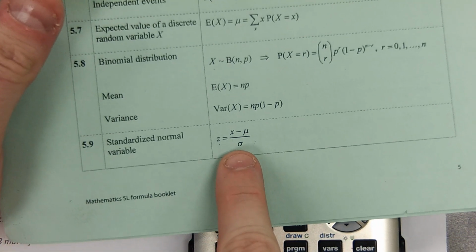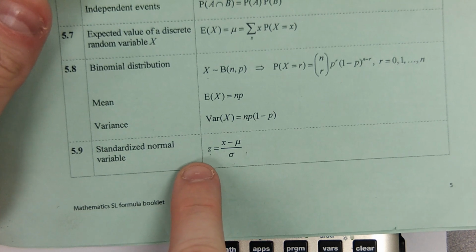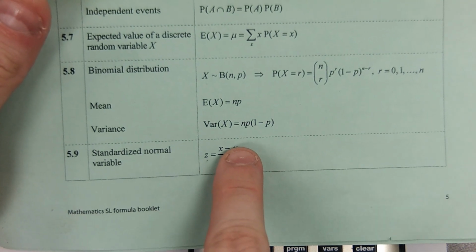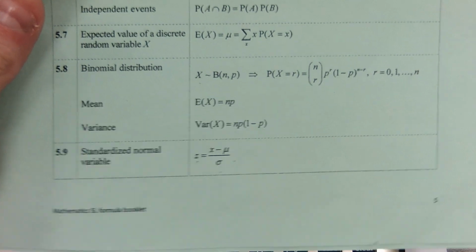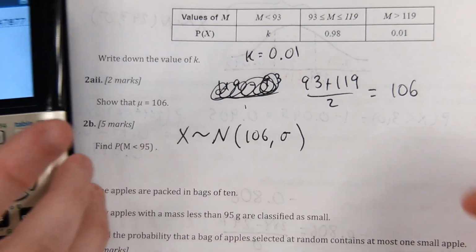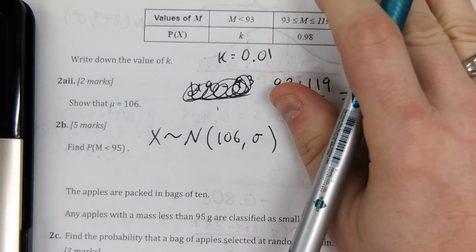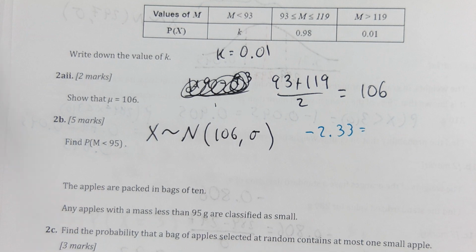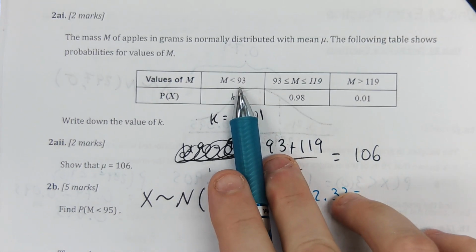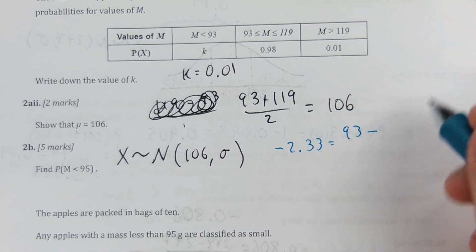So we can go directly to our z-score formula. We know x. We know mean. We know z. We don't know sigma. So negative 2.33 equals, that x was 93, and our mean was 106.